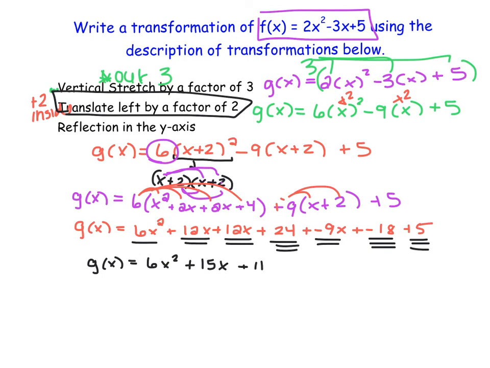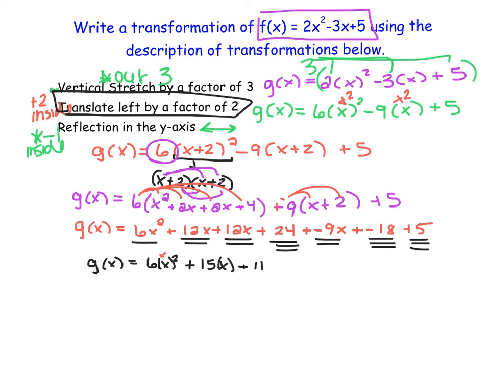Then the last piece here is we need to reflect in the y-axis. So remember, this is a horizontal reflection. So this is going to be a multiplication by -1 on the inside wherever x is located. So we got to add our parentheses back in here. So I'm going to add those in just around where x is.